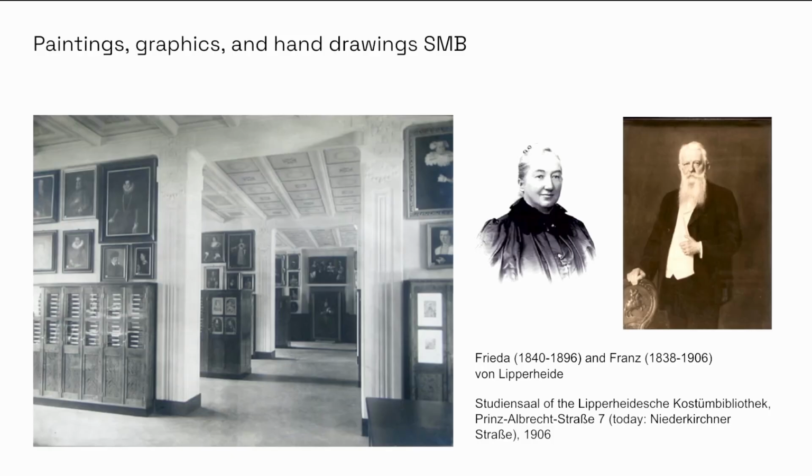It's supposed to be the largest fashion library in the world. It has about 600 paintings and miniatures that depict fashion, and also about 100,000 drawings and graphic material that depict fashion from the 16th century to the 19th century.